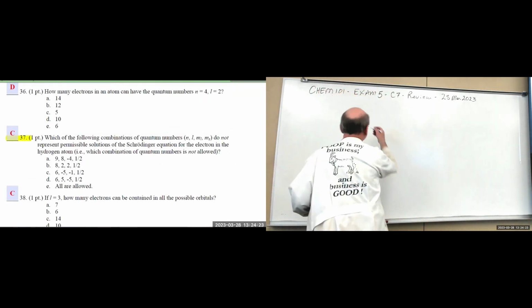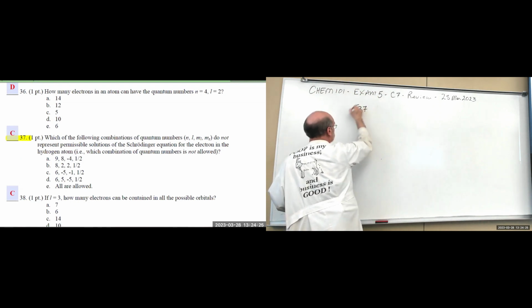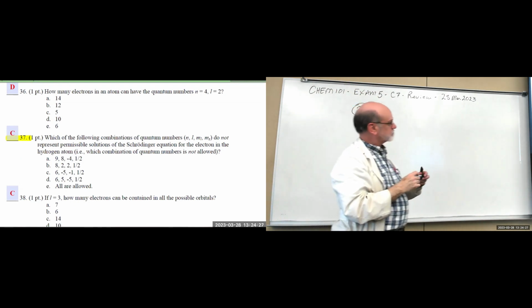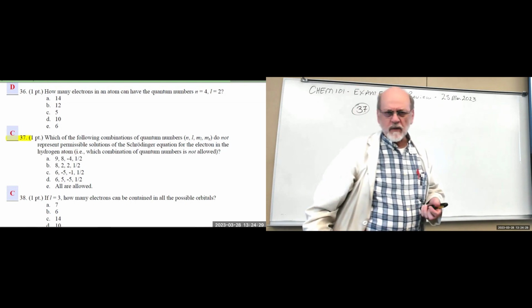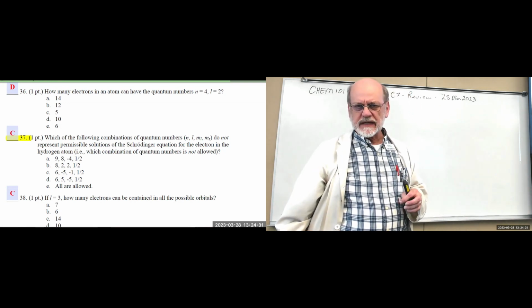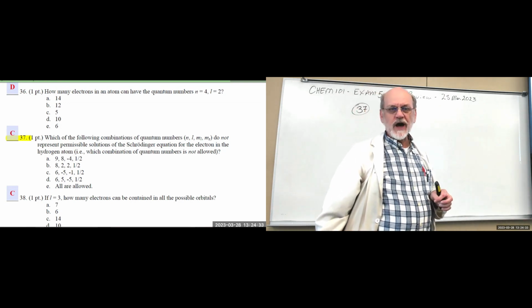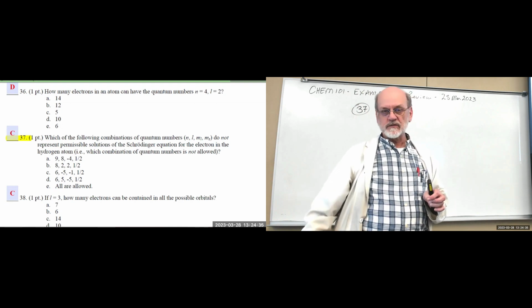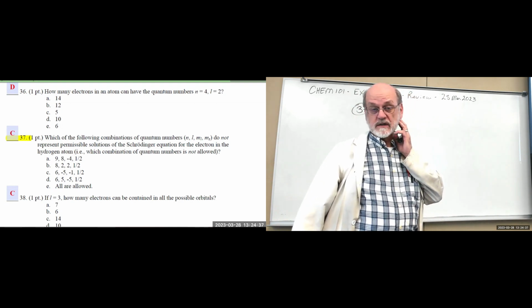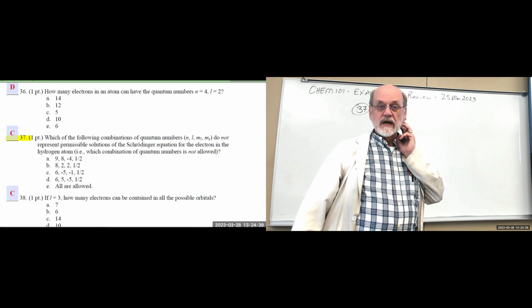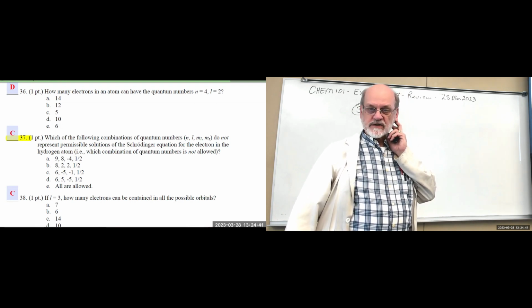37. Which of the following combinations of quantum numbers n, l, m sub l, m sub s do not represent permissible solutions of the Schrodinger equation for the electron in the hydrogen atom? Which combination is not allowed?